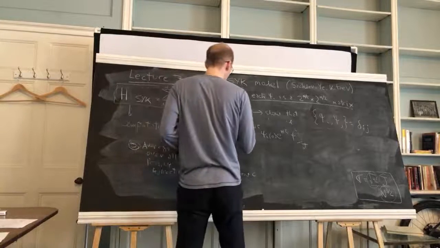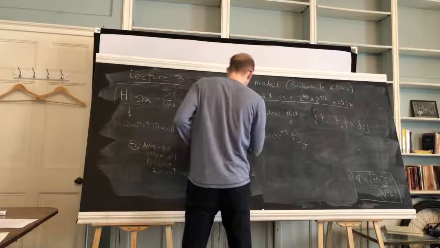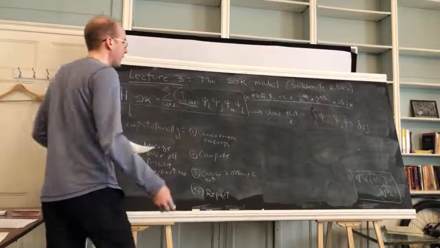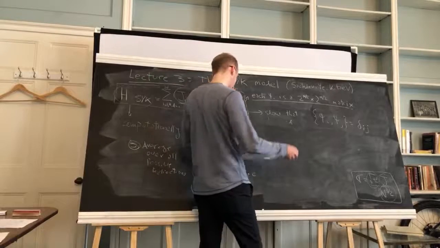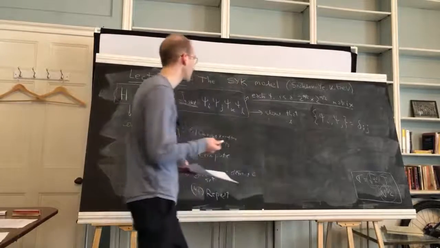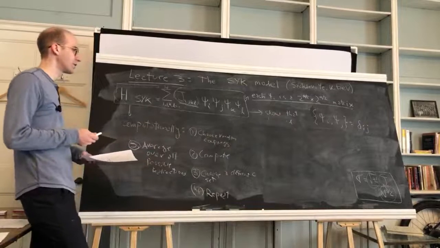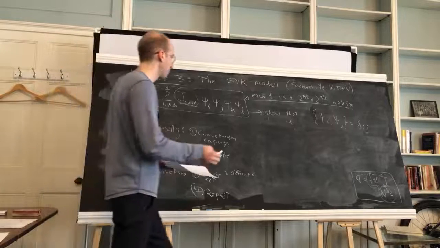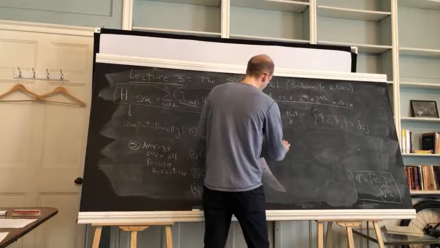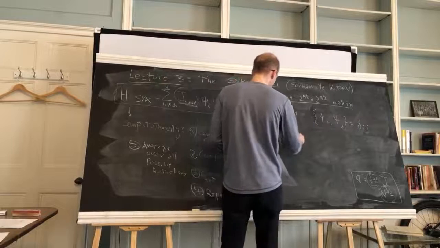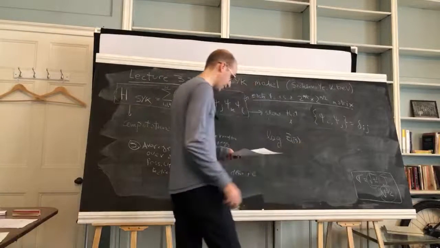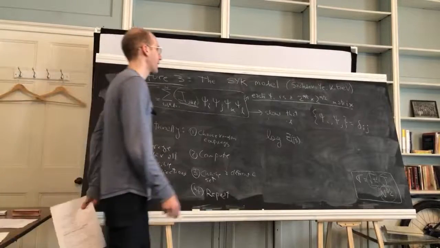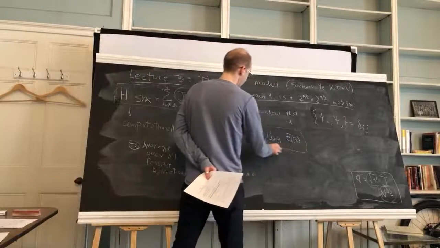I described this procedure, but you need to be a little bit cautious about it. And the problem appears when we start trying to compute things like what we computed last time in gravity, the free energy, that was given by the logarithm of the partition function. So say that we want to compute log Z at some inverse temperature beta. Now you can ask, how do I compute this?